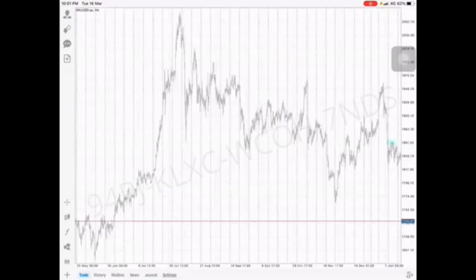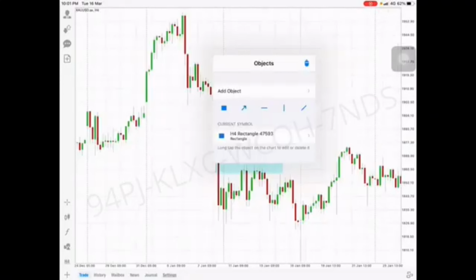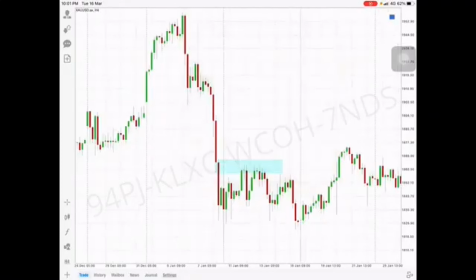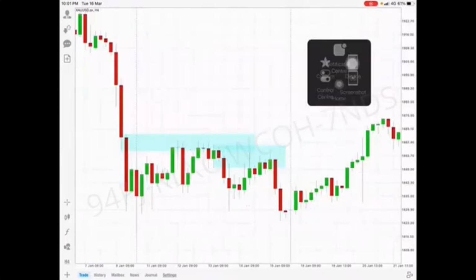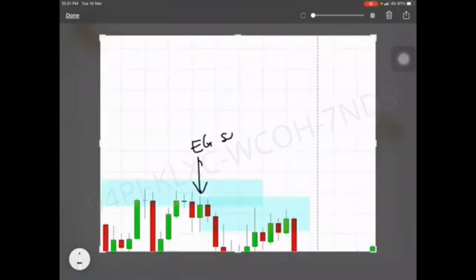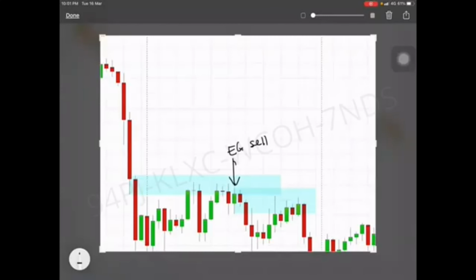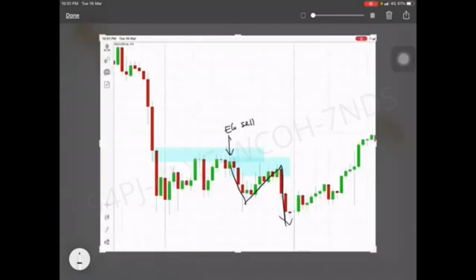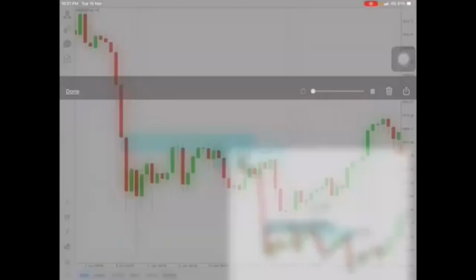So this is not your zone. This is the zone. When the price comes, you enter sell right here, but not this one. This one is not the zone.